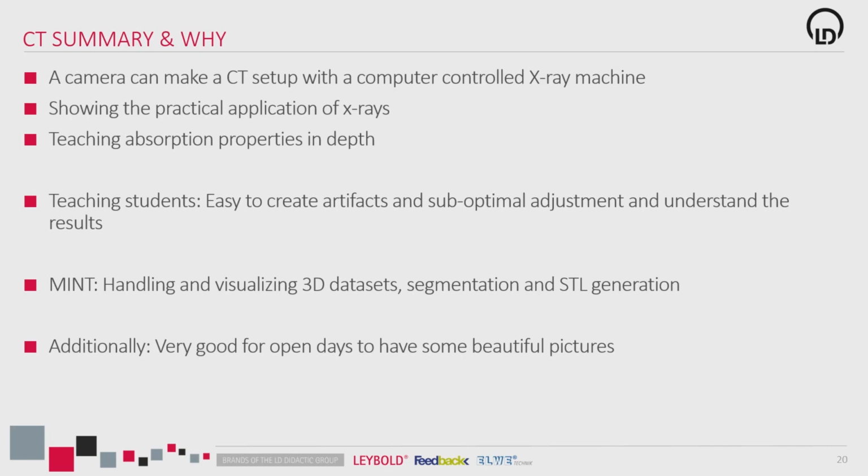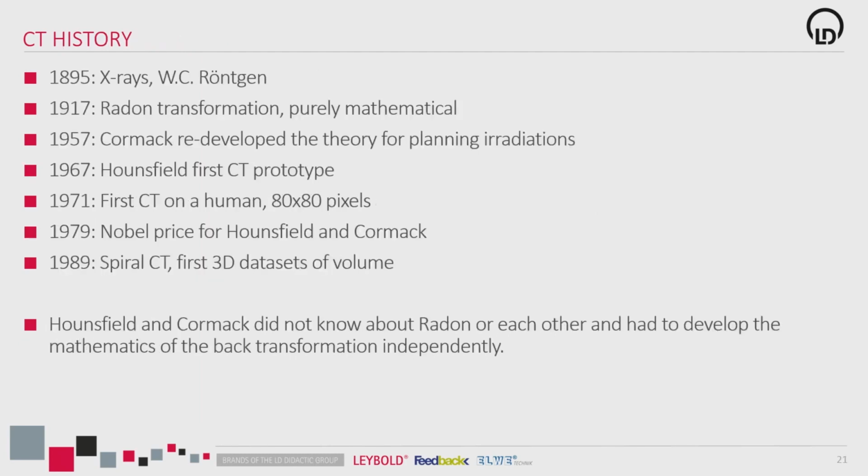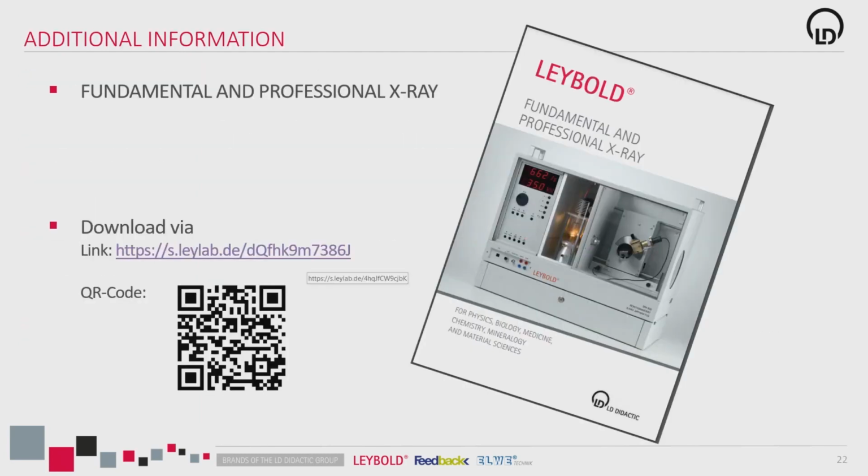Or for advanced manufacturing, you can talk about 3D printing by STL files. And if you come across an open day, it's a very nice thing to have a beautiful picture of something people can get in their hands and then have the 3D of it. So then I would now pass on to the sales microphone.